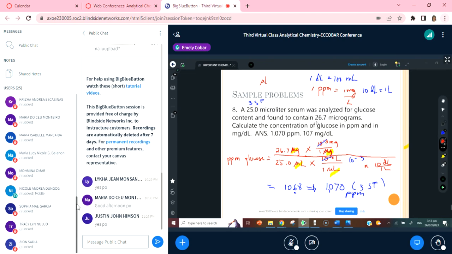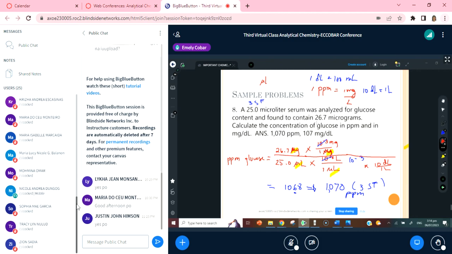Between milligram and microgram, what is the conversion? There are 1,000 microgram in 1 milligram.